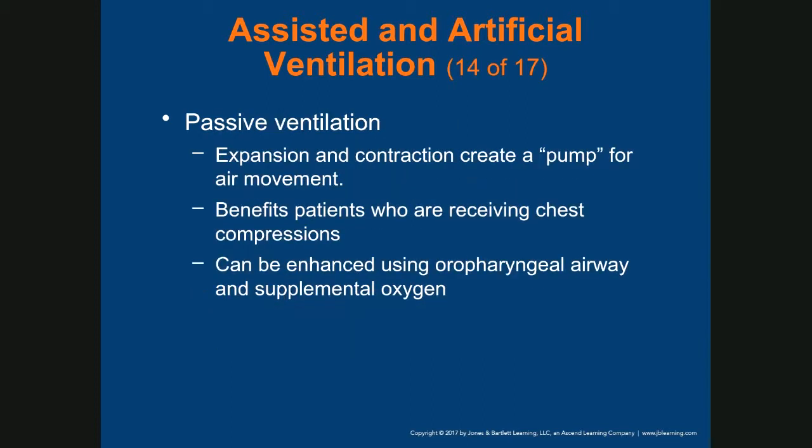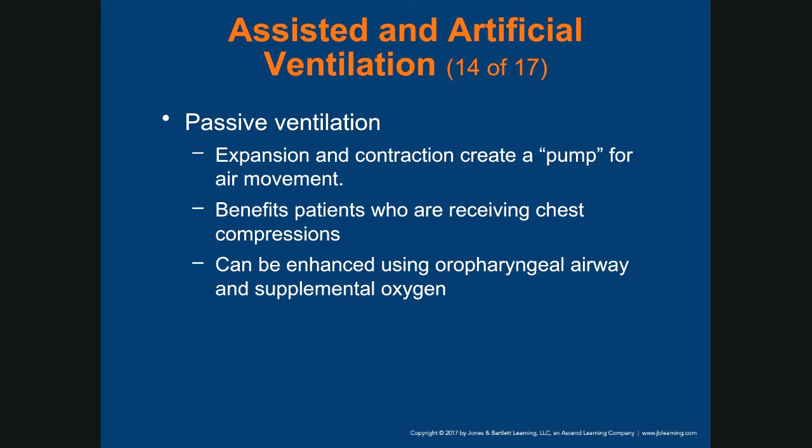Passive ventilation is becoming very popular, right? Expansion and contraction create a pump for air movement, and this is something that we will see in the future in CPR. During CPR, you put an oropharyngeal airway adjunct in the patient's airway. You put on a non-rebreather mask with high flow oxygen, and you open the airway.